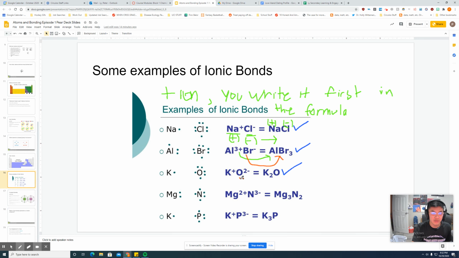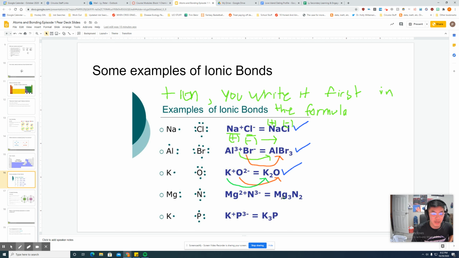Same here. Negative oxygen goes last, and potassium, which is positive, is the first one. So you always have to remember the positive ion is the first one you put when you're combining the elements to create a compound, when you're naming or classifying compounds.